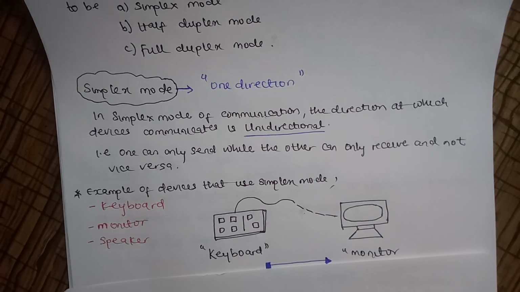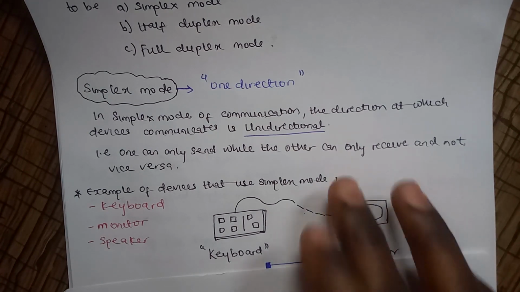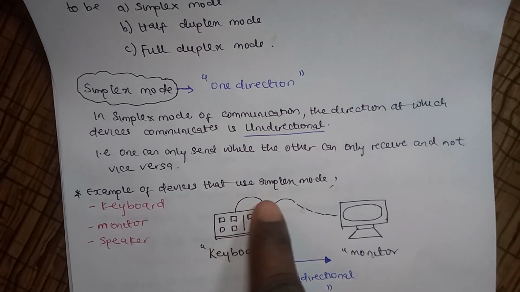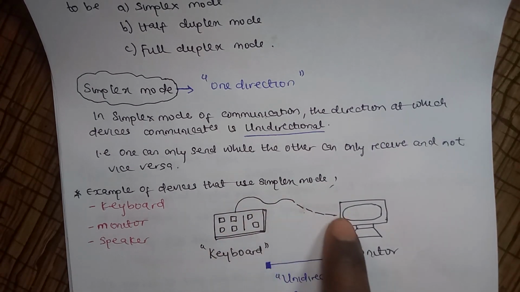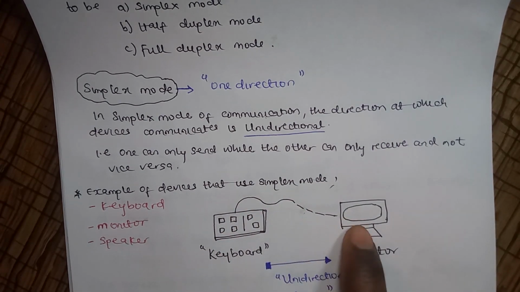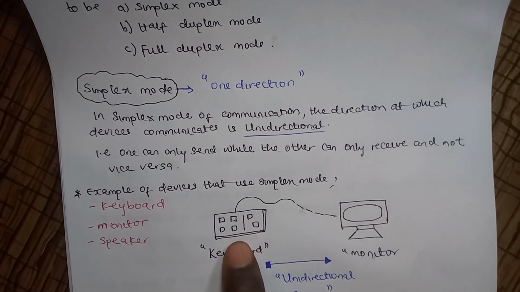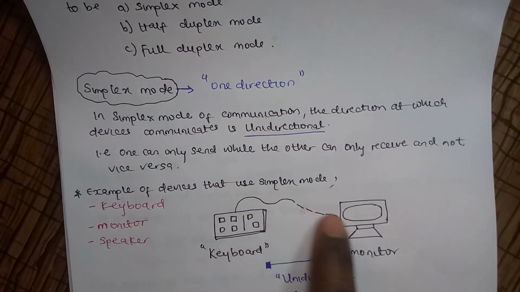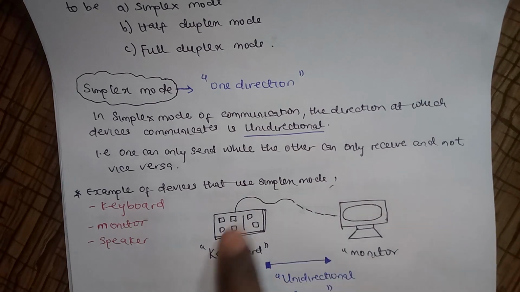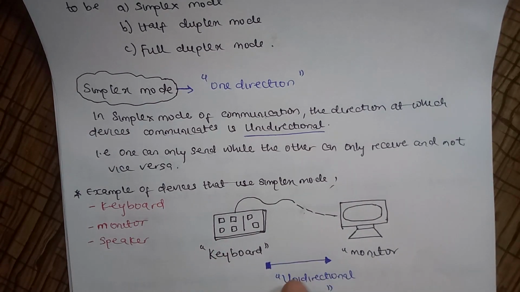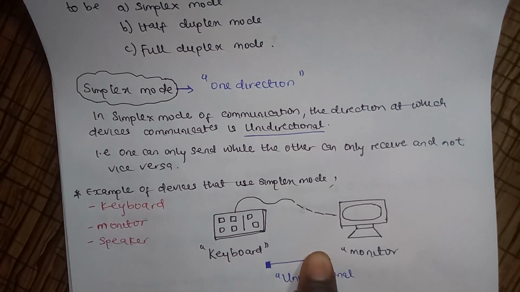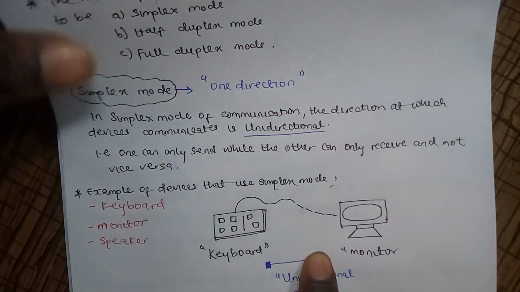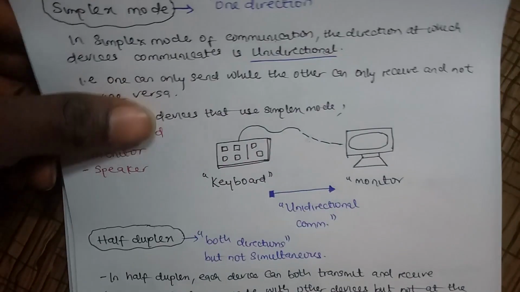Likewise, the speaker can only play songs, but you can't use the speaker to record. It's just a one-way communication. You type in some words here and send them this way, but you can't send anything back. That's why it is said to be a unidirectional communication, and because of that, it is a simplex mode of communication.